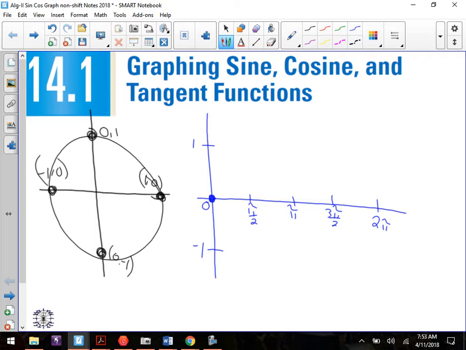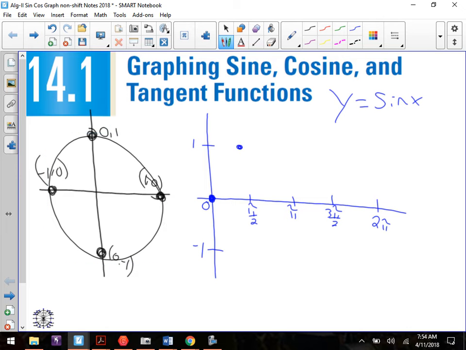Okay. So we're looking at y equals sine of x. We're turning this into an equation. Sine starts when x is 0. What's the value of it for y? If x is 0, the sine of 0 is 0. The sine of pi over 2 is 1.